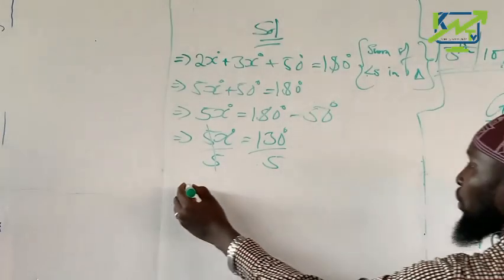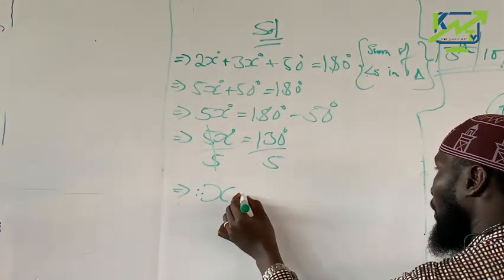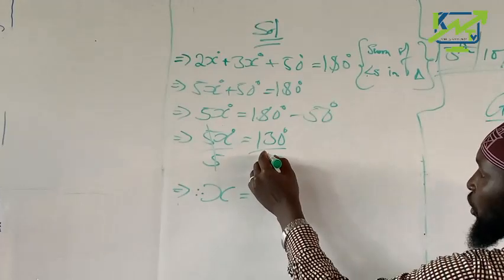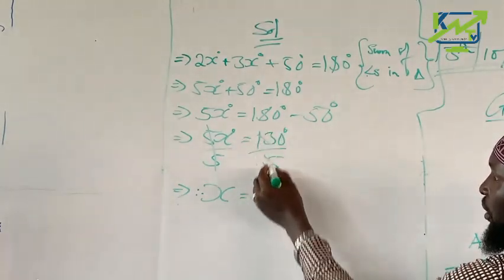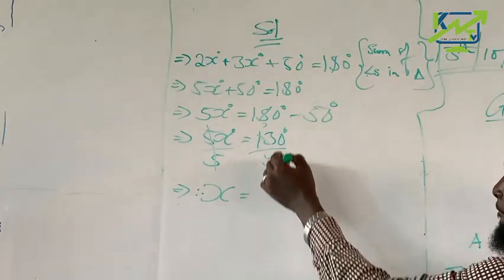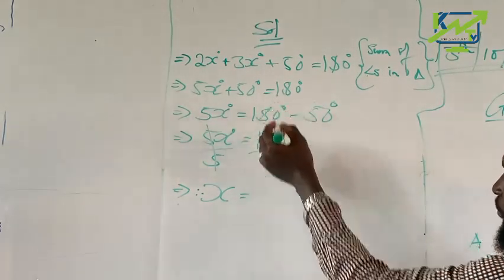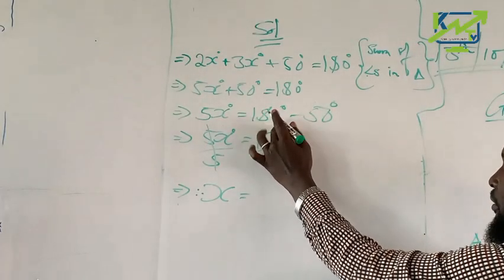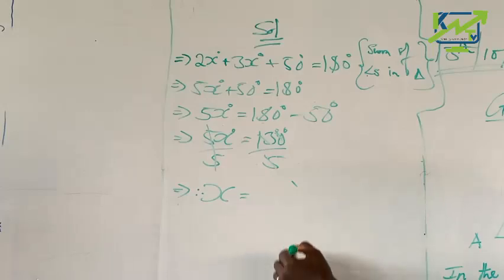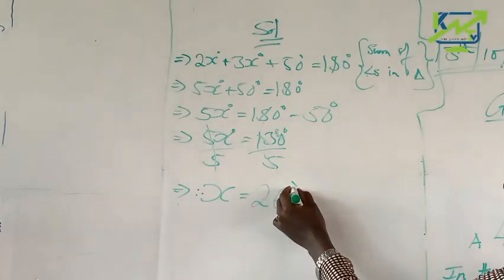So therefore, our x is equal to 5 into itself, 1 times, into 13 is going to be 2 times, remainder 3. So into 30 is going to be 6 times. So it's going to be 26 degree.